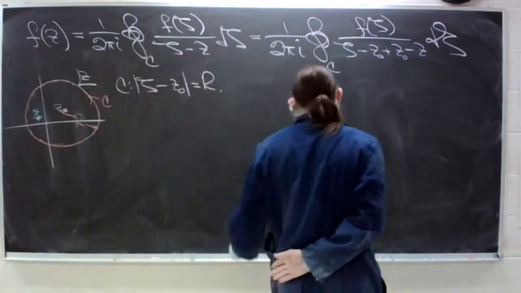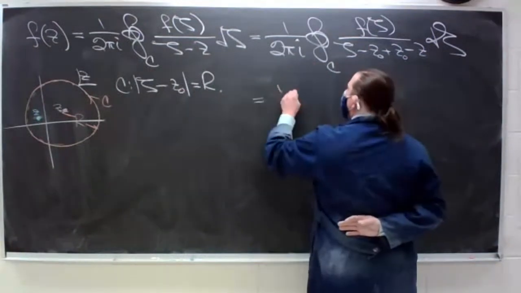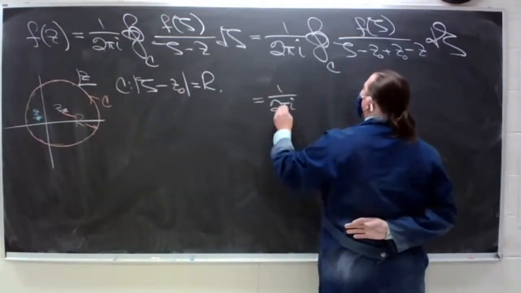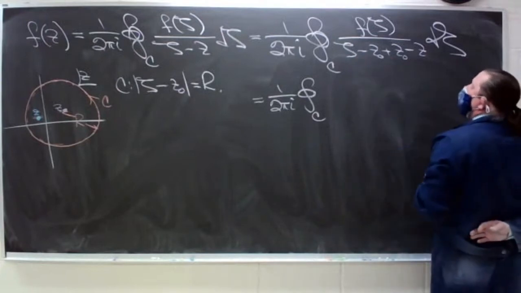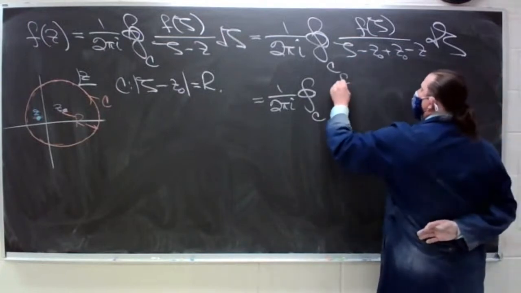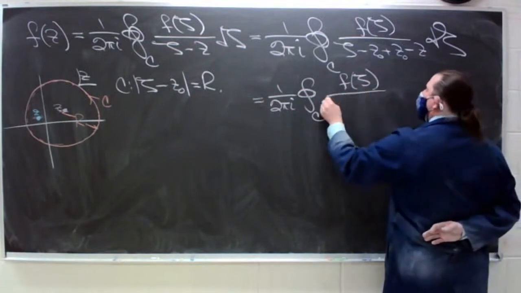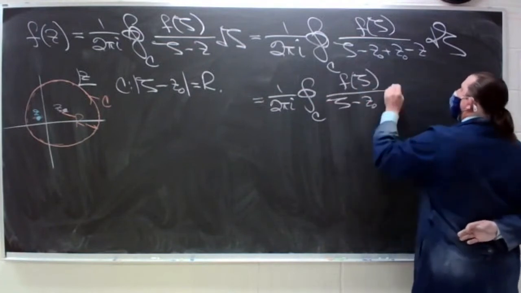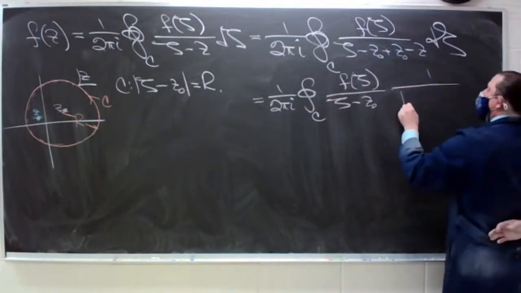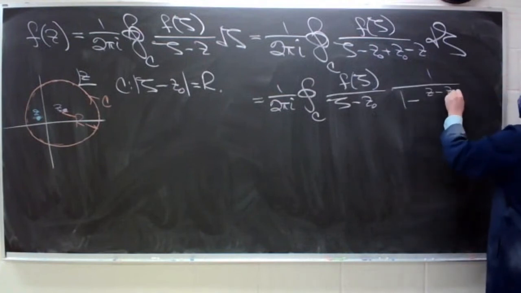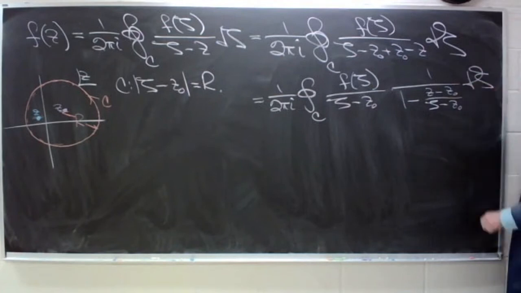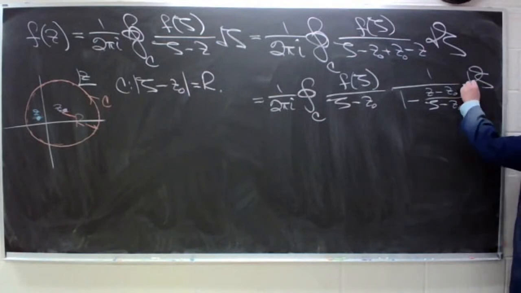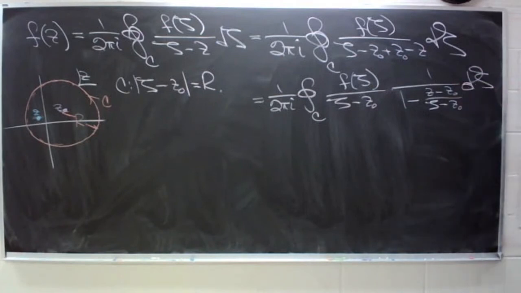Now what I'm going to do is pull out zeta minus z0. All right? So I've got that.